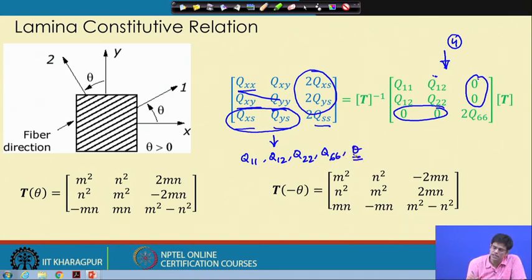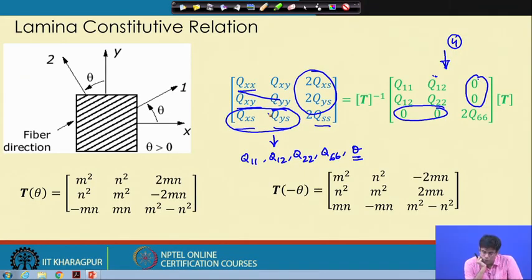Depending upon theta, these coupling coefficients, and actually all the Q components, will be different. So once again, even though the material is originally orthotropic in the 1 2 axis, it is not necessary that the same structure of the constitutive matrix will be preserved in the x y axis, because it is rotated, and this rotation depends on how the loading axis of the structure is aligned.